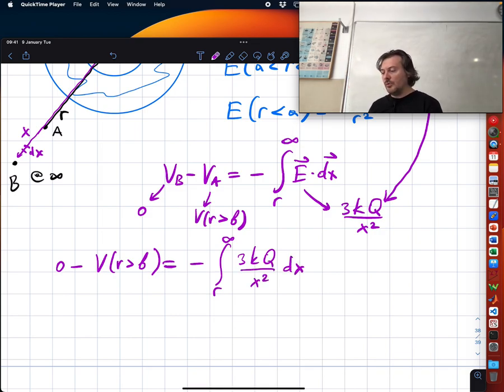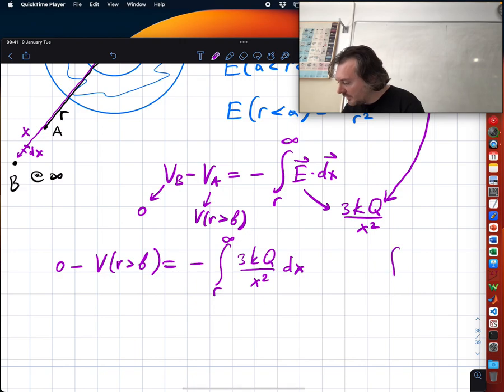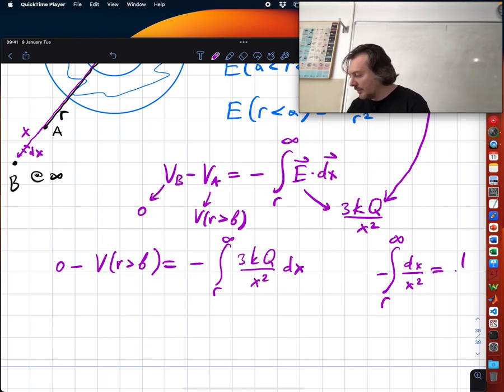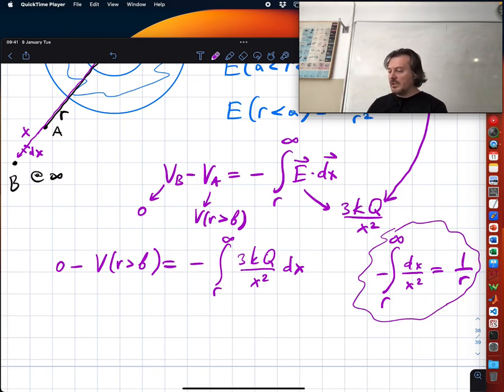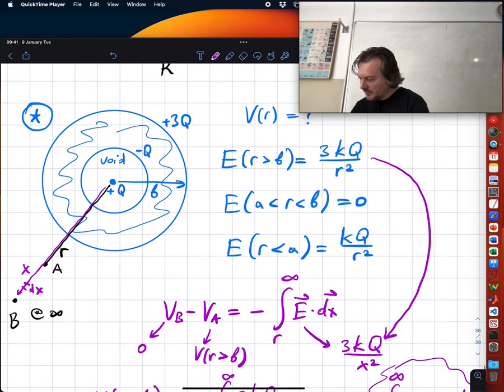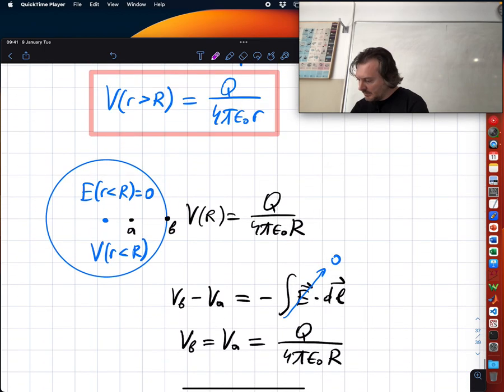We already know what this one gives, right? What dx over x squared from r to infinity gives. It gives 1 over r. We already did this, didn't we? So let's use it right away. Was it a positive integral? It was a positive integral, right?